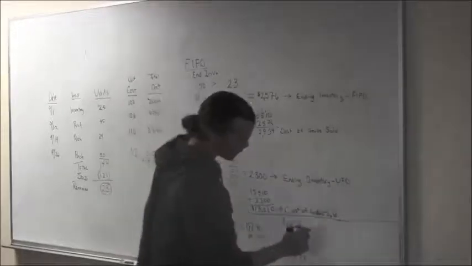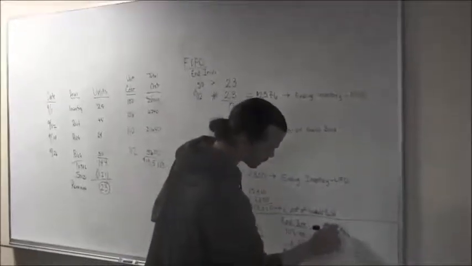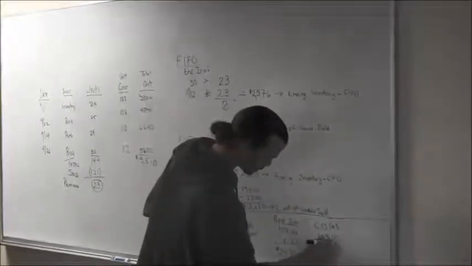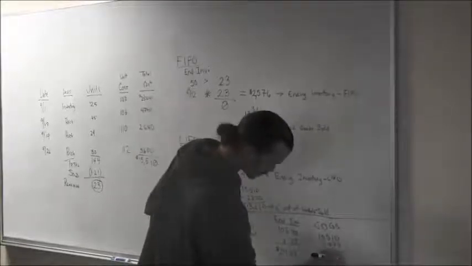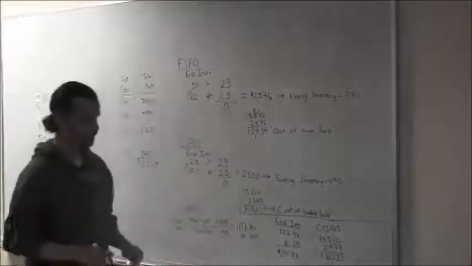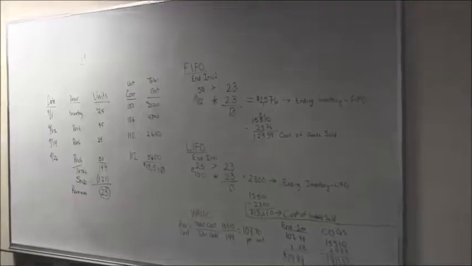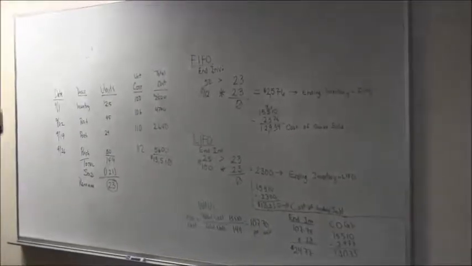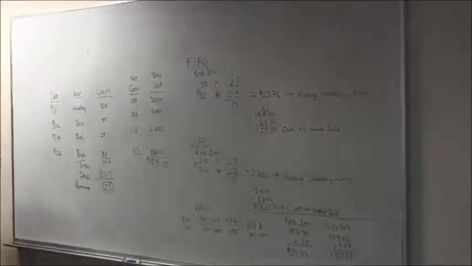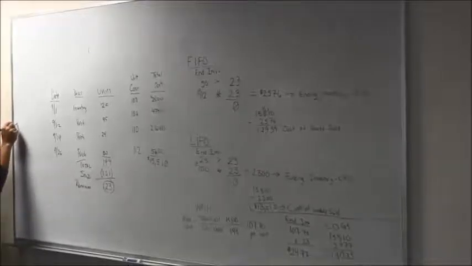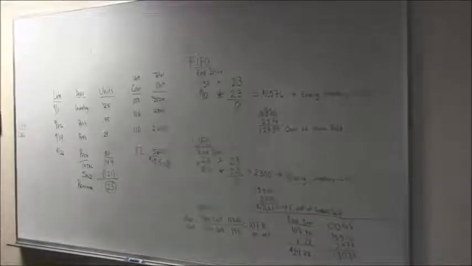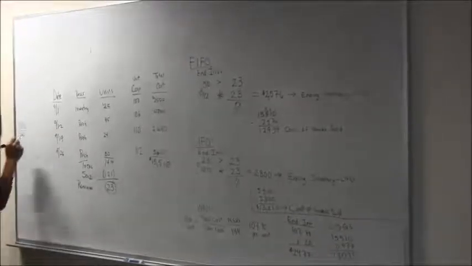Okay. And then my cost of goods sold would be that. So now I'm just going to write those down for my notes for question B. FIFO cost of goods sold was how much? 12,934.